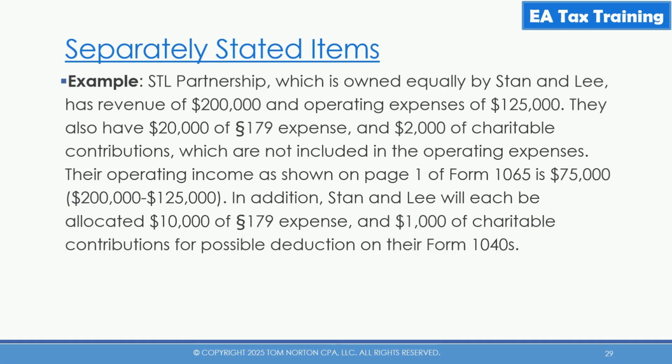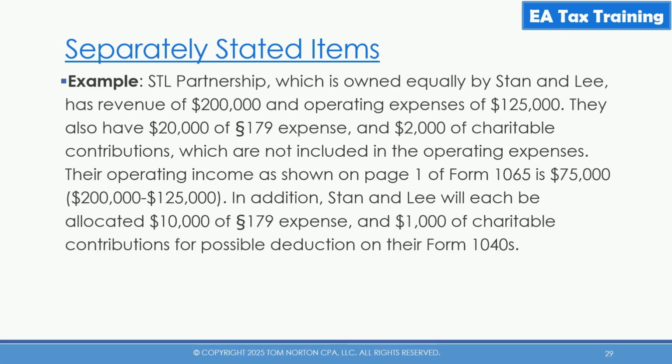So let's do an example of separately stated items. STL Partnership, which is owned equally by Stan and Lee, has revenue of $200,000 and operating expenses of $125,000. They also have a $20,000 179 expense and a $2,000 charitable contribution, which are not included in the operating expenses. Their operating income shown on page 1 of the 1065 is $75,000.